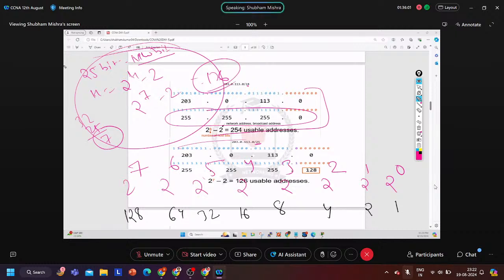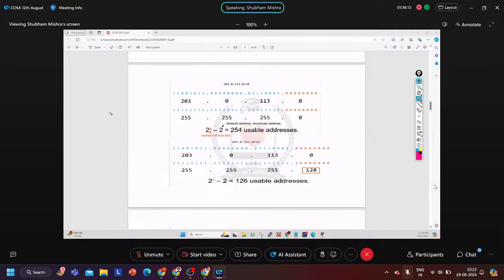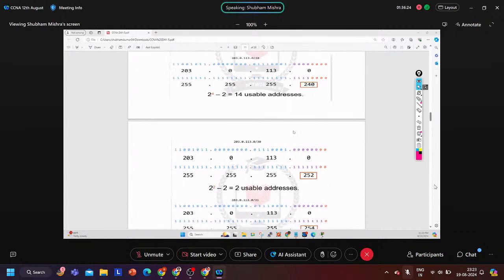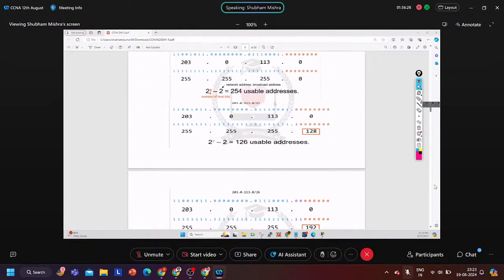But yes, you also need to understand this one: if you got the CIDR value, how you can calculate the subnet mask. This is very important. Again, I am telling: let's suppose you got the CIDR value, then how do you calculate the subnet mask? I hope you can easily understand these things.